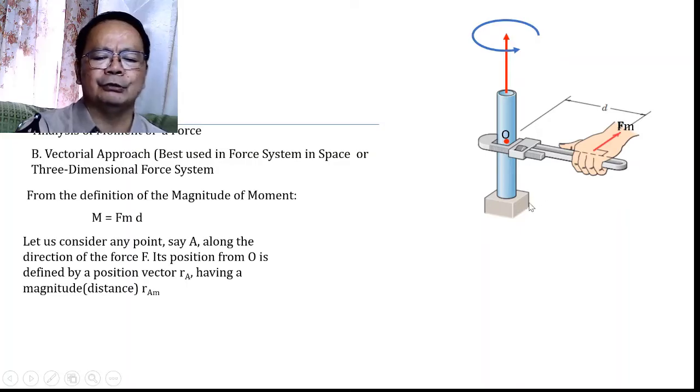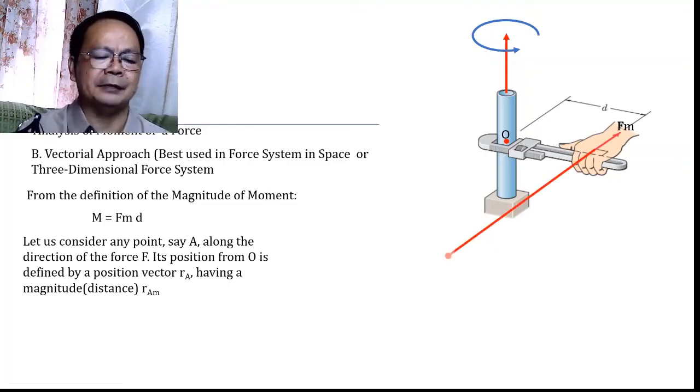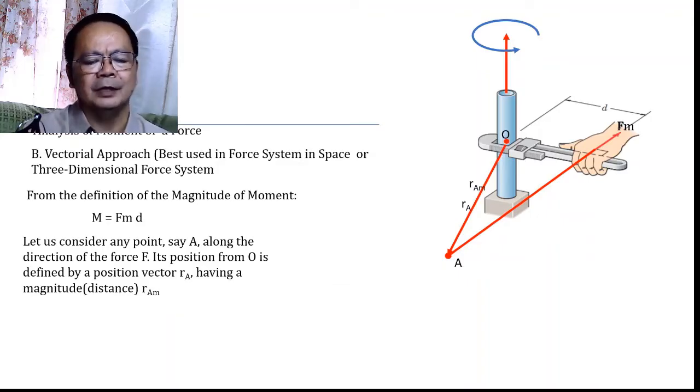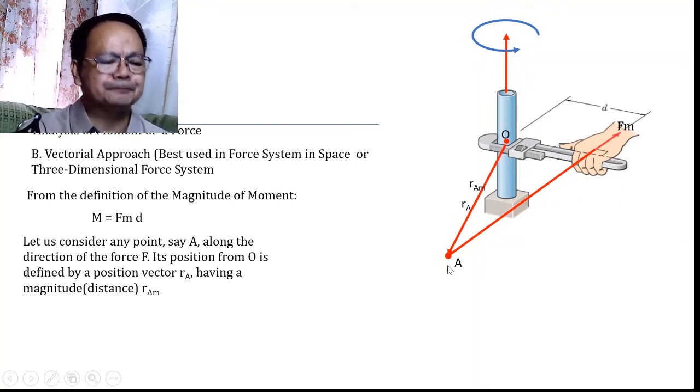Suppose we have here this point A. This point A would have a position vector from O, and let us call that position vector R sub A. Its magnitude shall be called R sub A m, the distance from O to A.